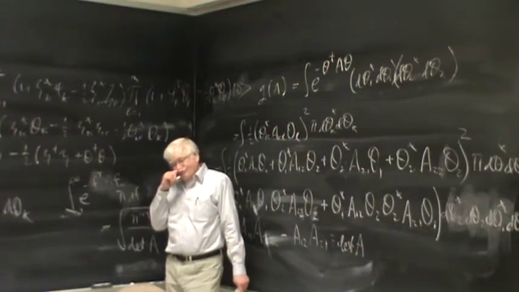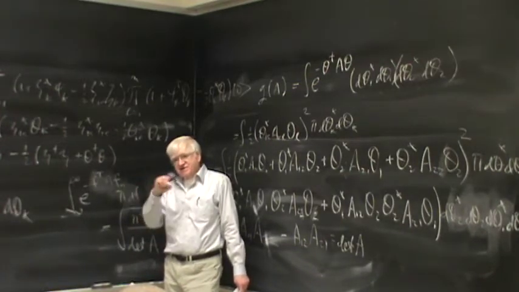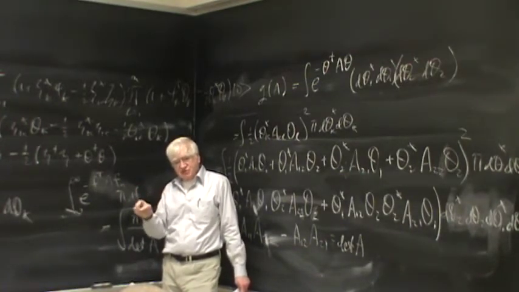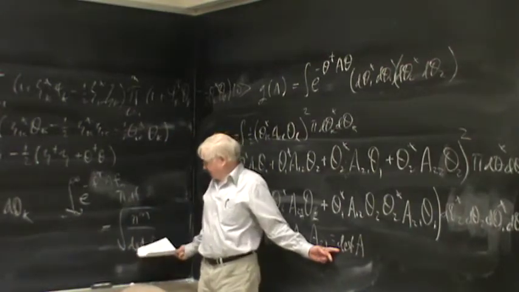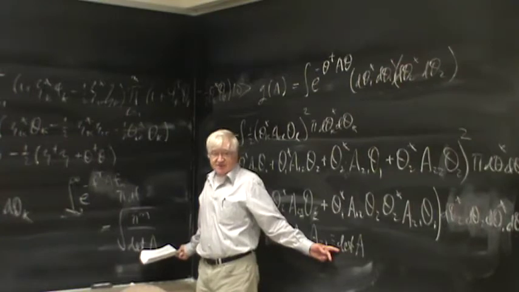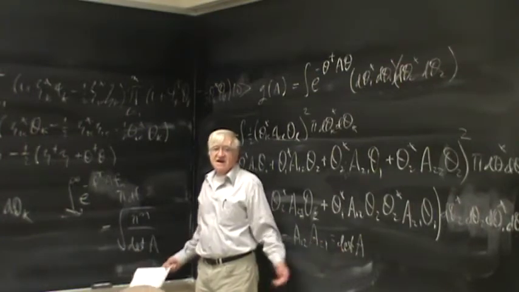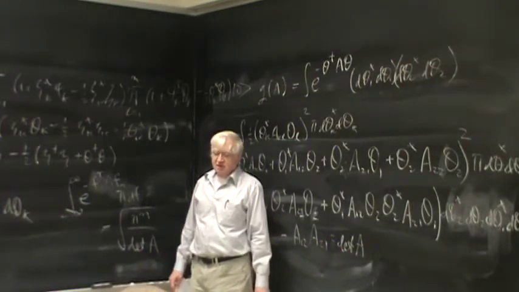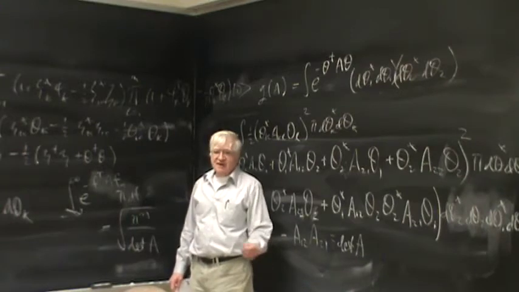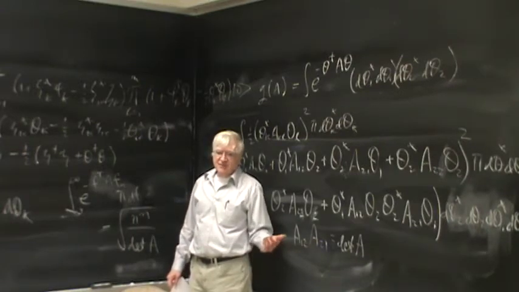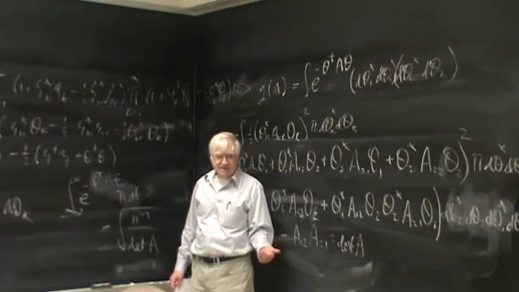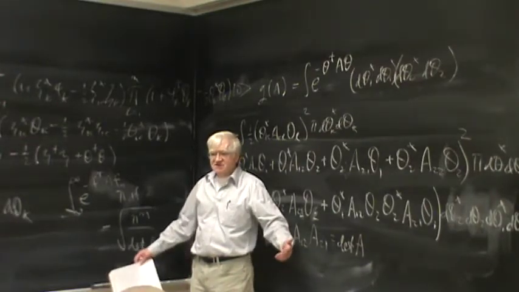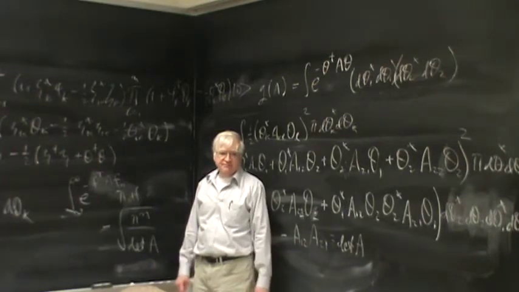So you see, if you have a theory in which bosons and fermions are treated symmetrically, the bosonic determinant is canceled by the fermionic determinant. That's the idea with supersymmetry. The problem, of course, is that then you expect that you have a fermionic partner to every boson particle of the same mass, and obviously in the real world we don't see that.